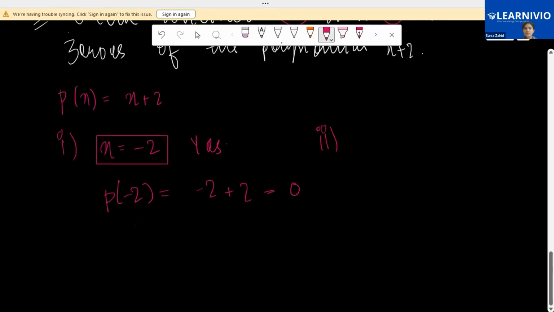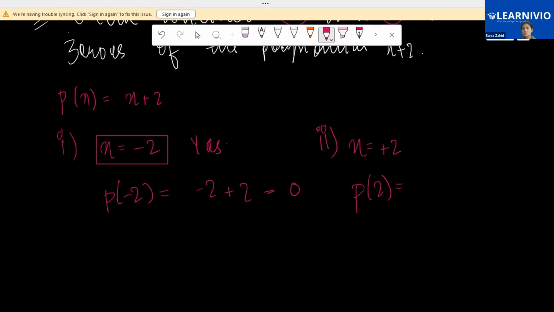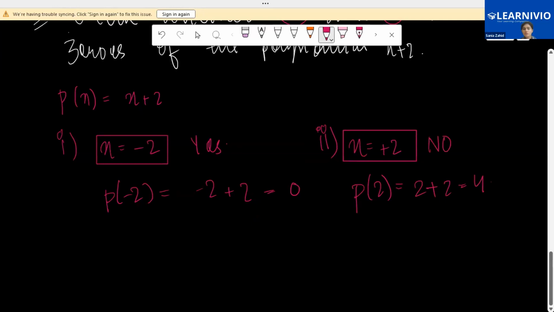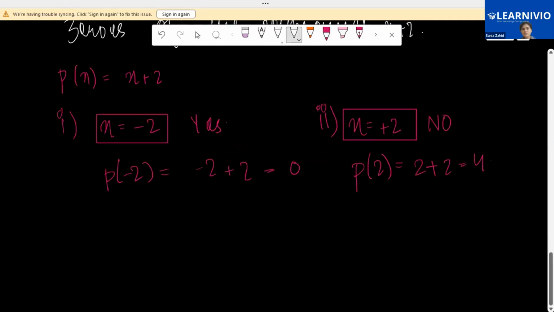Second is x is equal to plus 2. So when x is equal to 2, P(2) is equal to 2 plus 2, that gives me 4. Are we getting 0? No. So is x is equal to 2 a zero of the polynomial? No. Got it? Yes, ma'am.